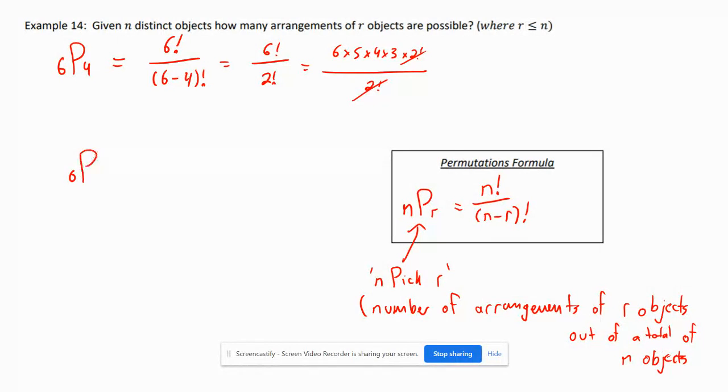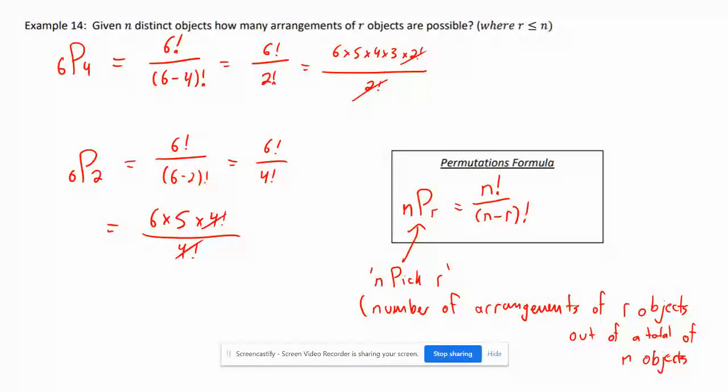Showing for the other one, 6 pick 2 would have been 6 factorial over (6 minus 2) factorial, which is 6 factorial over 4 factorial. The 4 factorials cancel out, and it gives us our answer of 30 that we had before.